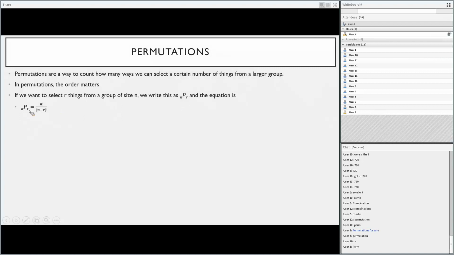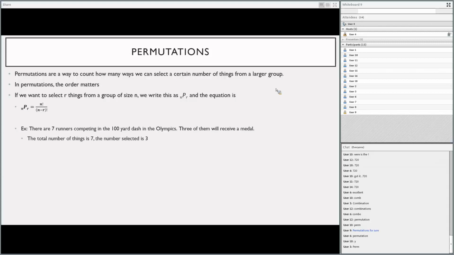The n is representing the total number of things I have to choose from, and r is representing the number of things that I want to choose from that larger group. And this is the formula right here: the permutations nPr is equal to n factorial divided by n minus r factorial.